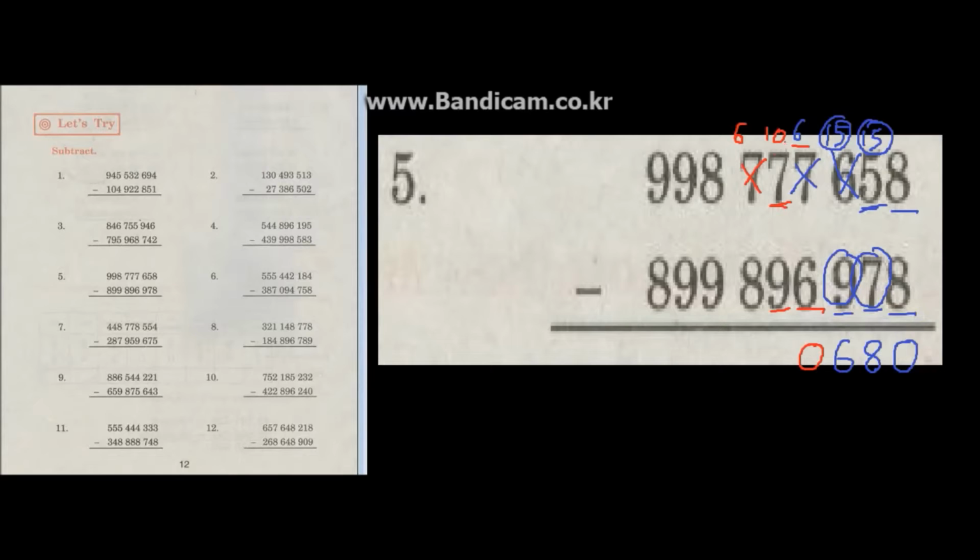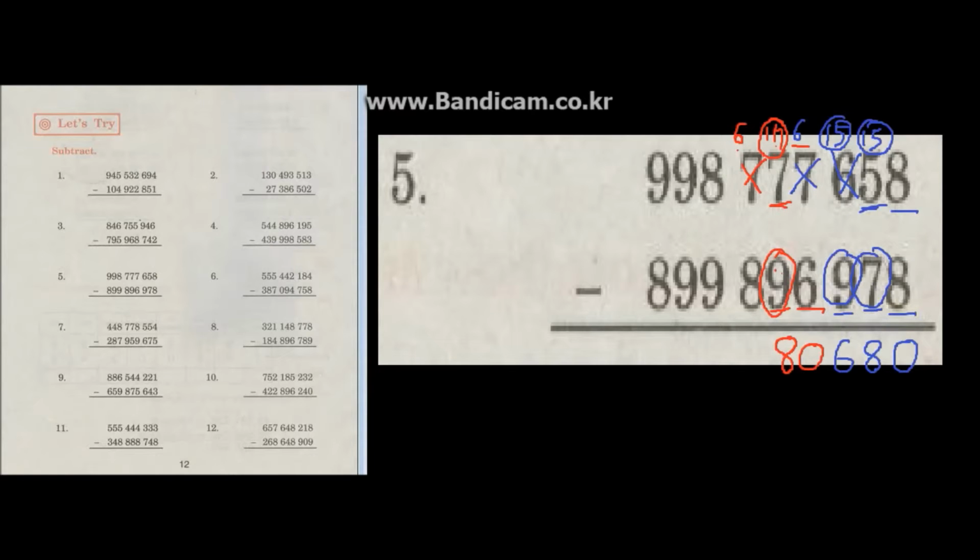And if we add 10 and 7, it becomes 17. So the minuend becomes 17 and the subtrahend becomes 9. So if we subtract these two numbers, it will be, see, it is 8.